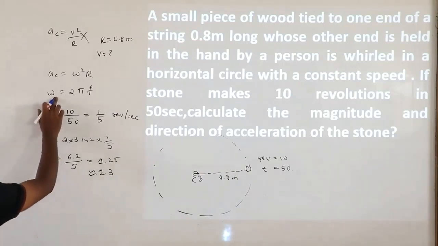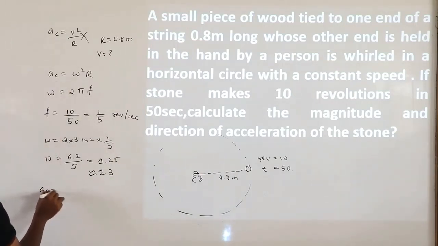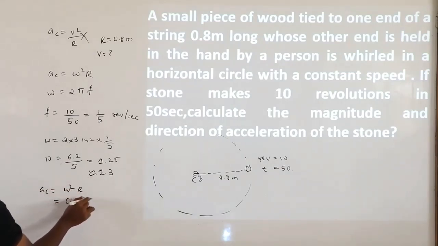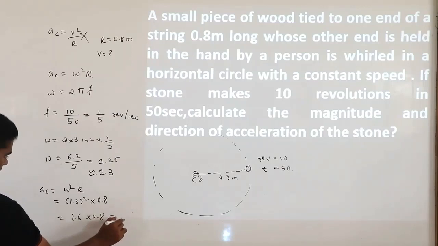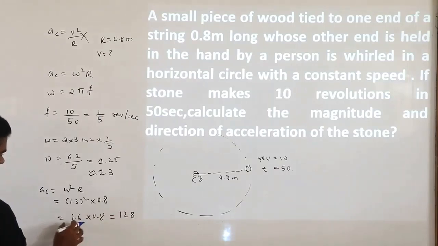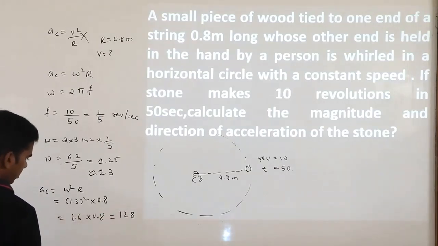Now we can calculate the acceleration, that is omega square into r. 1.3 squared into r, where r is 0.8. 1.3 squared is approximately 1.6, into 0.8, which is approximately 1.28.